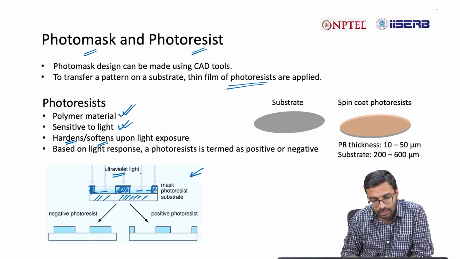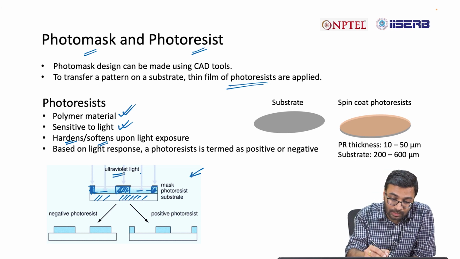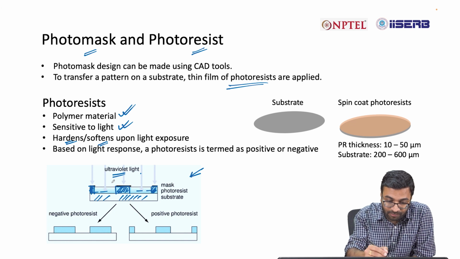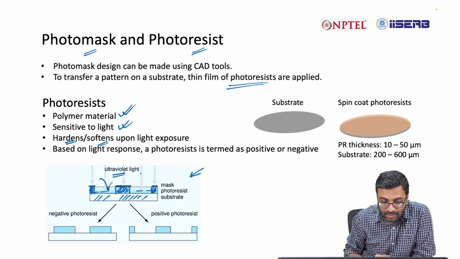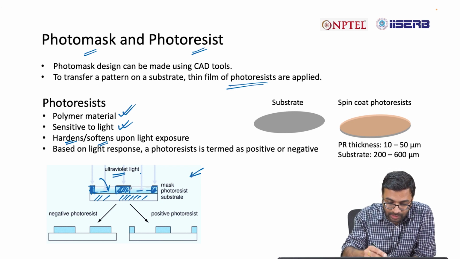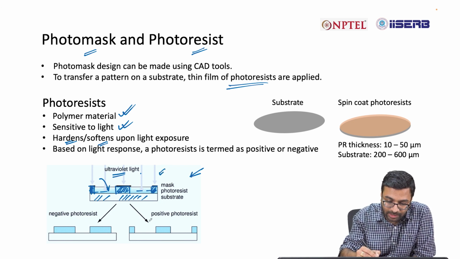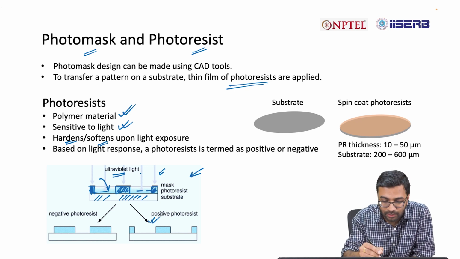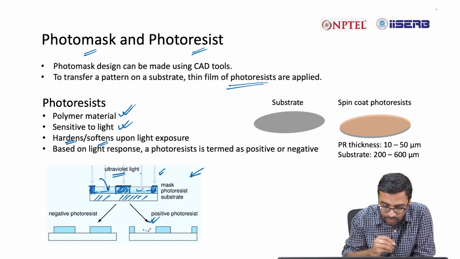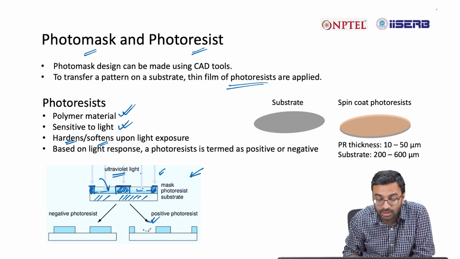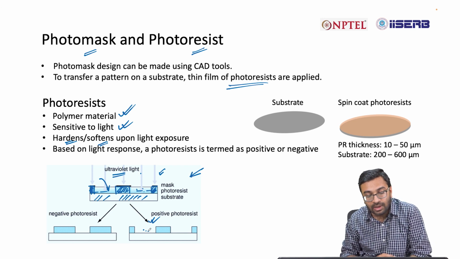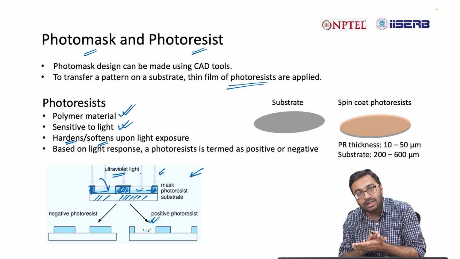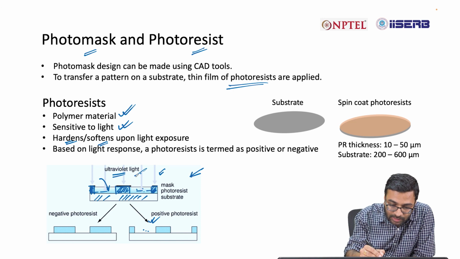Now, if the photoresist softens after it interacts with the UV light, then after you put in the developer solution, you will end up getting this pattern, because these areas will get washed away, as shown over here. So, we call it a positive photoresist. In a positive photoresist, the polymer gets softened when it interacts with the UV light.